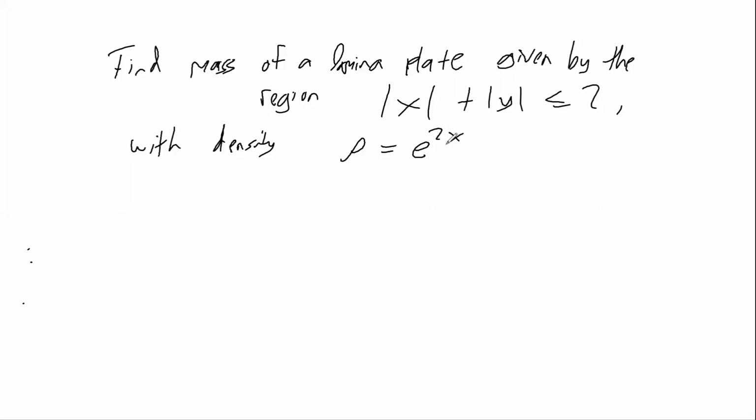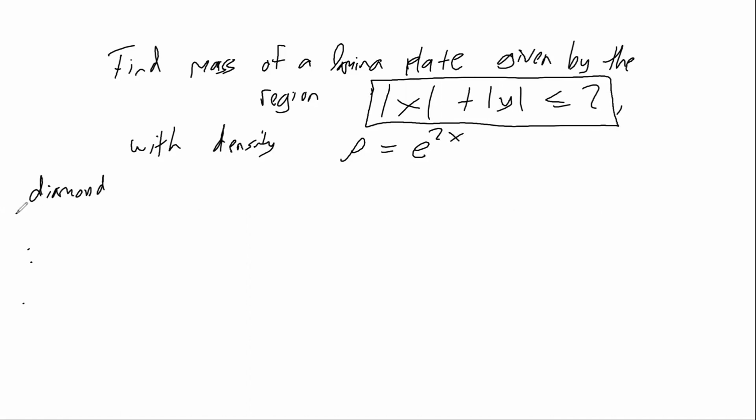Okay, so really, I think if you draw what this actually is, that helps a lot. It turns out this is just a diamond. And how do you do that? Well, you can split this up into cases if you like. So if you do x greater than 0, y greater than 0, then this is just x plus y less than 2. If you do x less than 0, y greater than 0, then to make that negative x positive, we stick a minus in front of it.